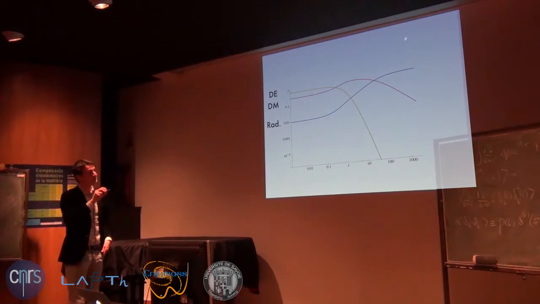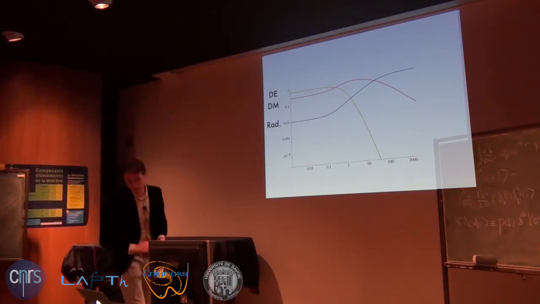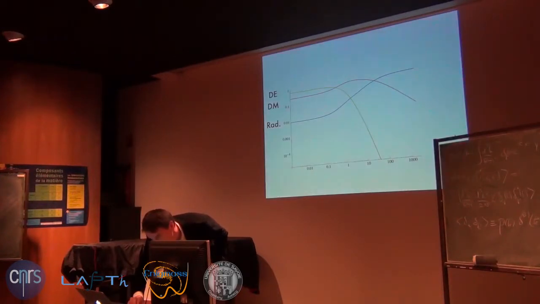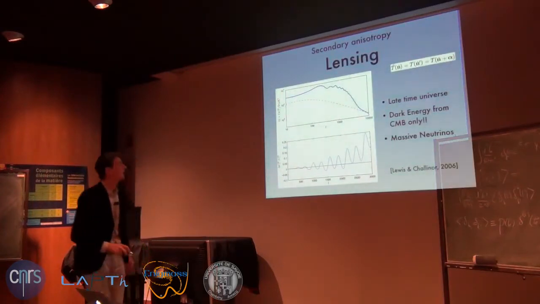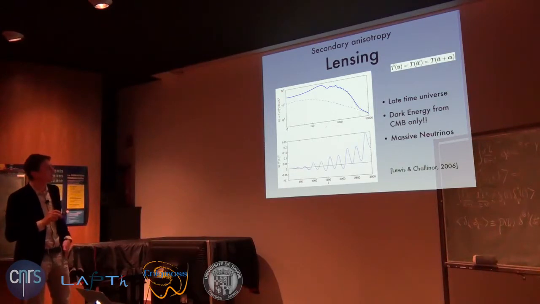So even though I've so far been talking only about physics happening at this moment in time, the spectrum that we observe is affected by the ingredients of the late-time universe. So, going back to where we were. What was I saying? The photon spectrum is affected by dark energy.